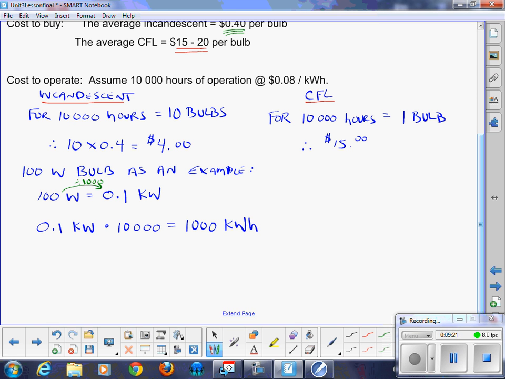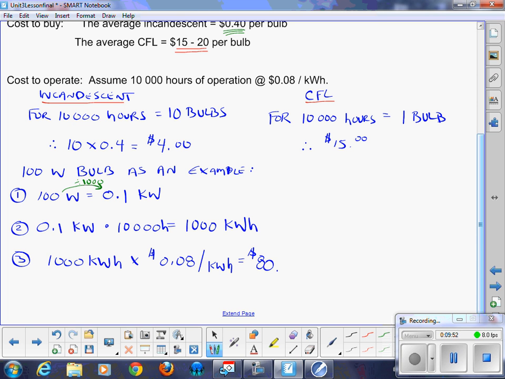So our final step, if I do this in steps for you, 1, 2, and 3, is that I'm going to take those 1,000 kilowatt hours that it takes to power the bulbs, multiply it by the cost, 0.08 per kilowatt hour, and our final cost then is $80.